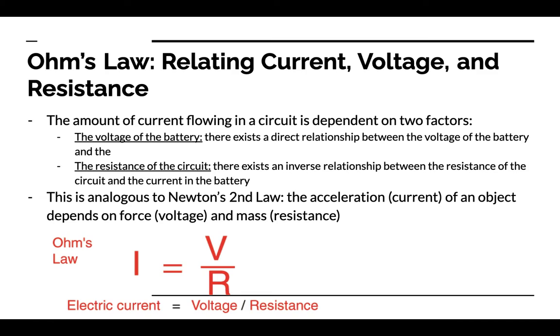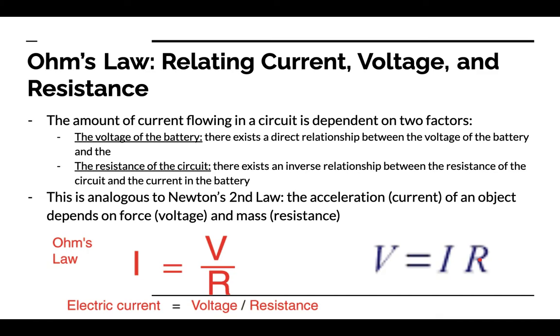And just as there is an equation to describe Newton's law, there's an equation to describe this relationship between voltage, resistance, and current. It's known as Ohm's law, and states that the electric current is equal to the voltage divided by resistance, or perhaps written in a more mathematically convenient form, voltage across a resistor equals the current through that resistor times the resistance of that resistor, okay?